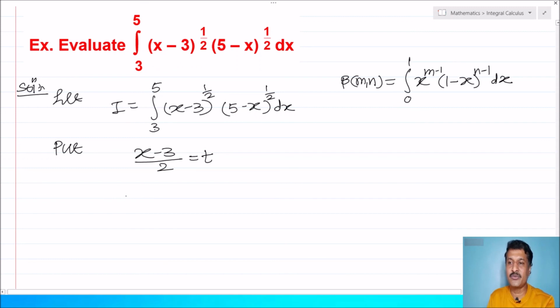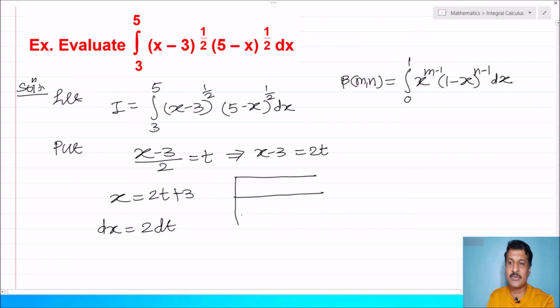Note the substitution here, and I am getting x equal to 2t plus 3. You can simplify it as x minus 3 equal to 2t. So what is the dx? It is 2 dt. And what about the limits? As we know, x limits are 3 to 5, and therefore corresponding t limits 0 to 1.